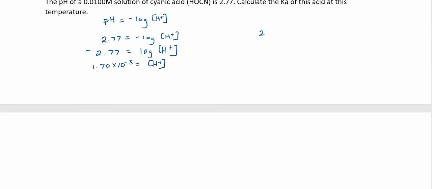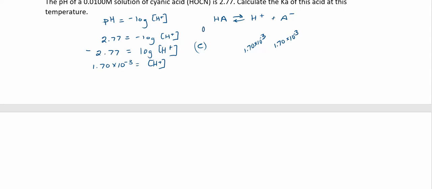But we aren't nearly done yet. Now that is the concentration at equilibrium. This is a monoprotic acid, so we can just use our generic HA. So at equilibrium, the concentration of the H is going to be equal to the concentration of the A minus. So I have those concentrations. They are the same. But what about the HA?